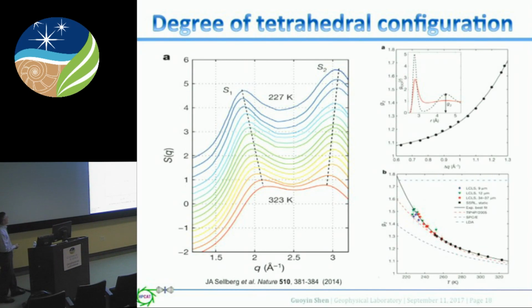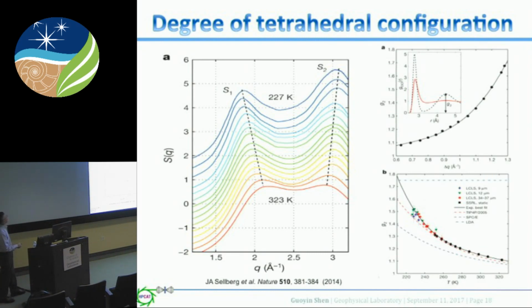They measured the supercooled liquid, from the normal liquid all the way down to the supercooled liquid. This is the structure factor of the first two peaks, S1 and S2. The interesting part is that you can clearly see the separation of these two peaks change as a function of temperature. And this is by simulation.